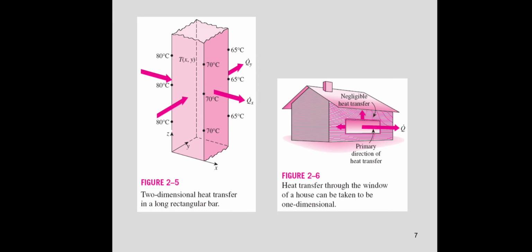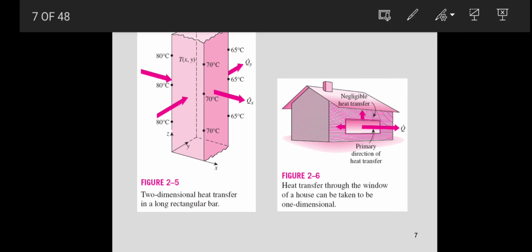And the second example: consider a window and heat transfer taking place through it. The thickness of this window is very small, while in the vertical direction the area is very high, and in the horizontal direction it is also high.